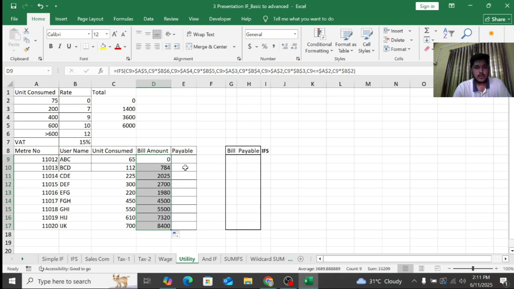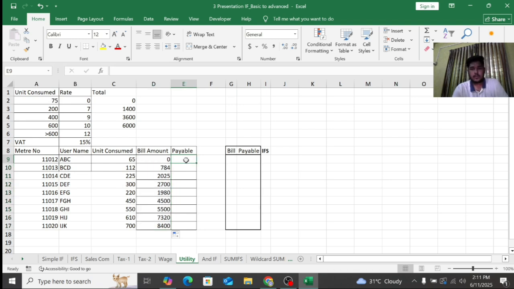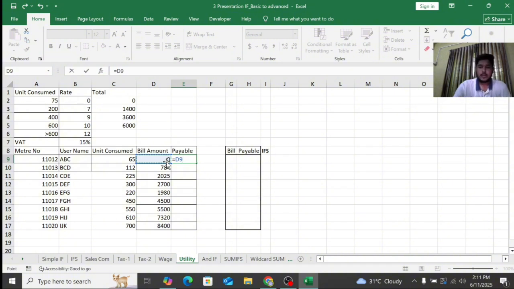So for this, our total payable will be our bill amount into our VAT percentage. So for this we are going to use 1 plus the VAT percentage, 1 for the total amount to become, and the 15% is the VAT amount.